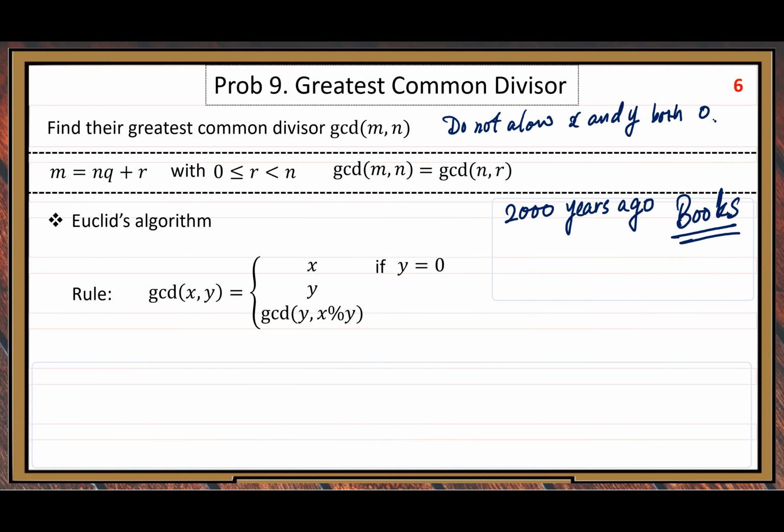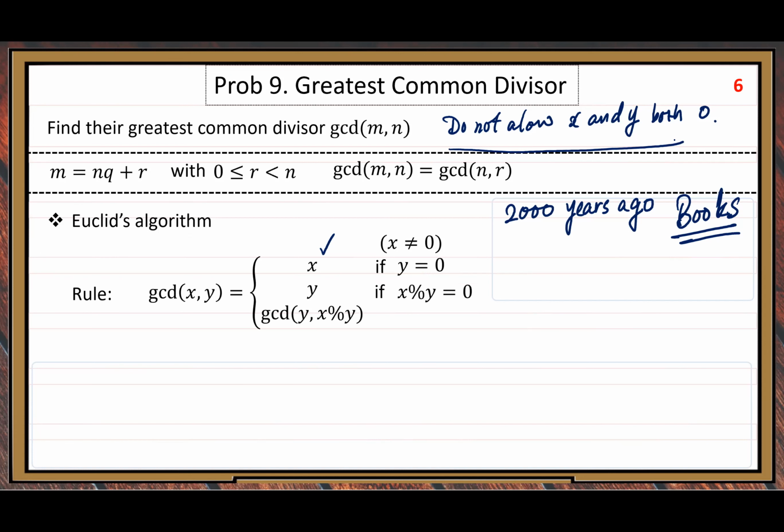Remember the condition? Later I will explain that. So here y could be 0. If y is 0, then the answer is x, because we assume x not equal to 0 by the initial assumption.